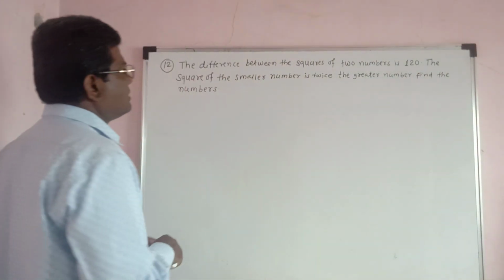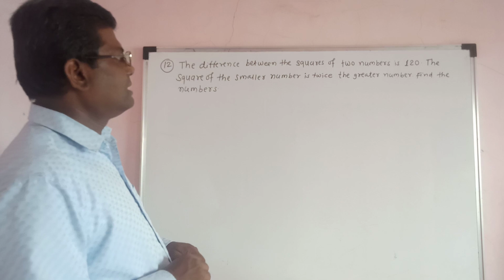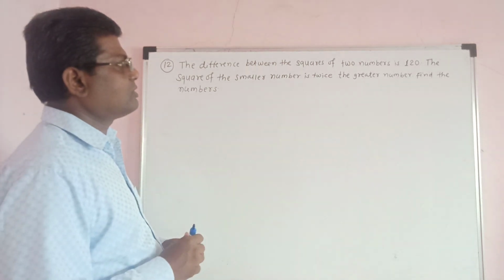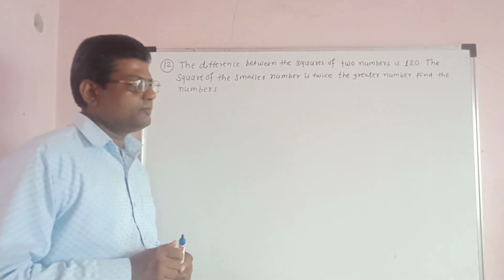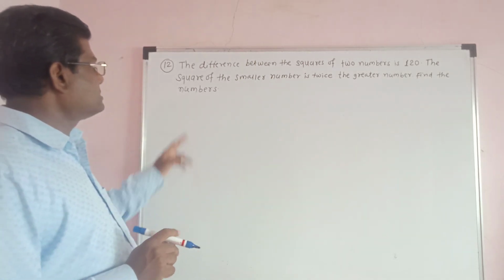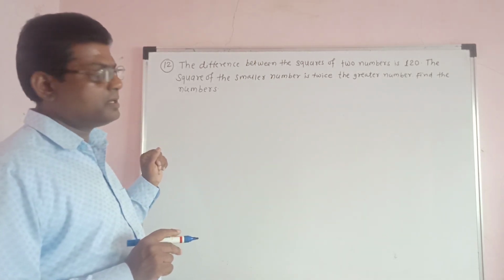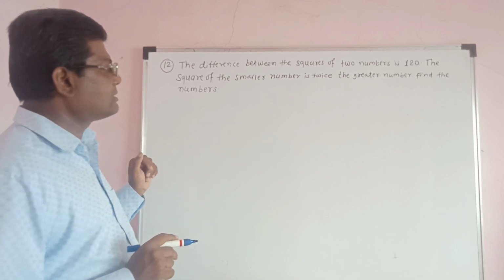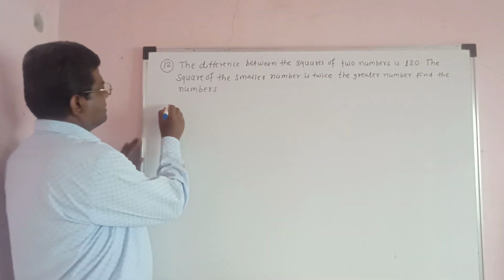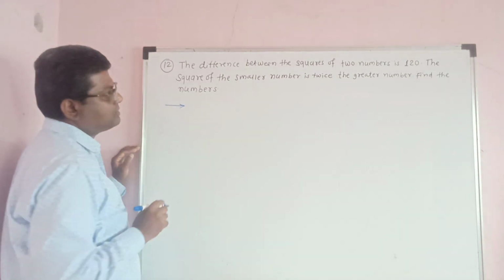Now example number 12. The difference between the squares of two numbers is 120. The square of the smaller number is twice the greater number. Find the numbers. Let us solve this example.